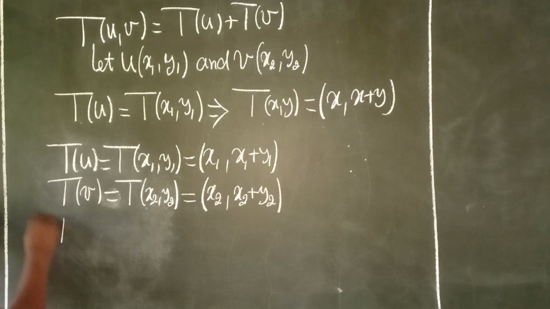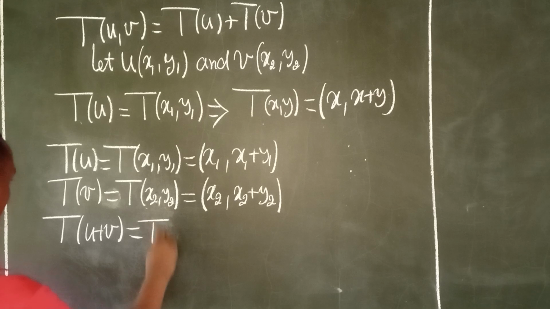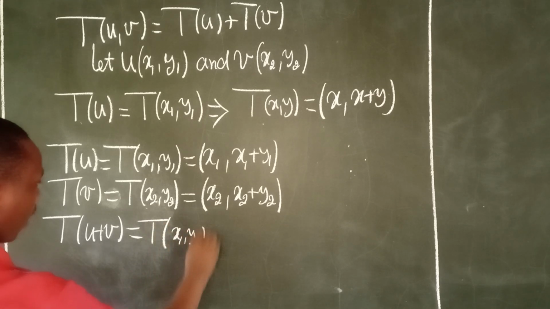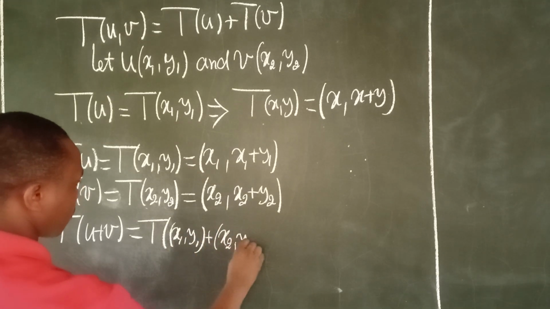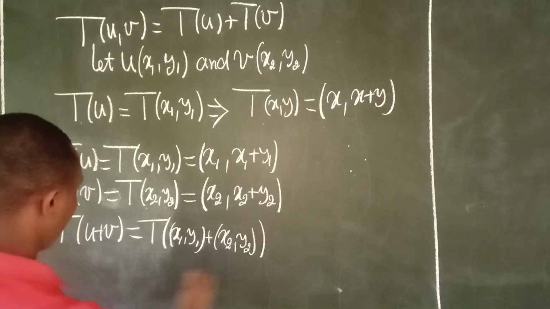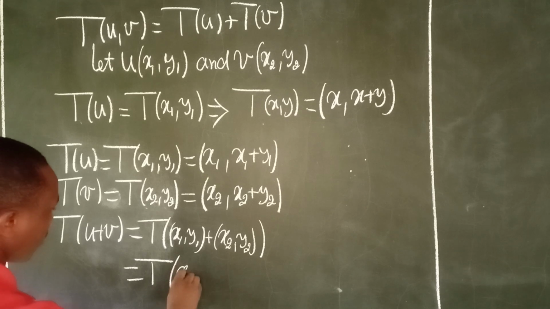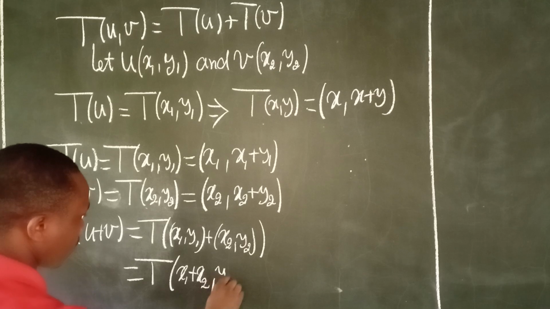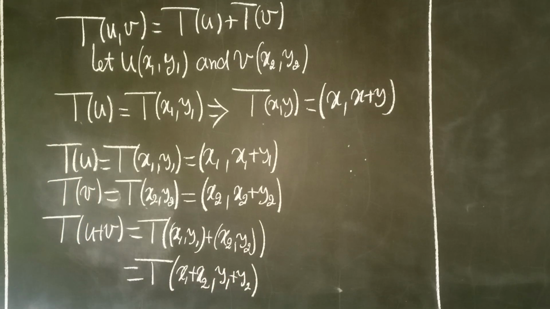Okay, we have another transformation T(u + v). This is the same as T of (x1, y1) + (x2, y2), and this is equal to T of (x1 + x2, y1 + y2). Let's continue.